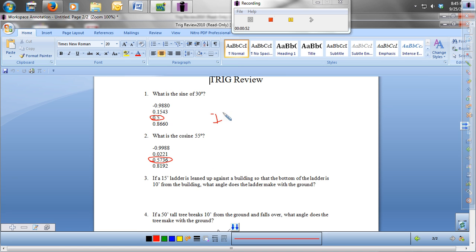So if you know the angle, then you're just going to hit the button for sine, cosine, or tangent.